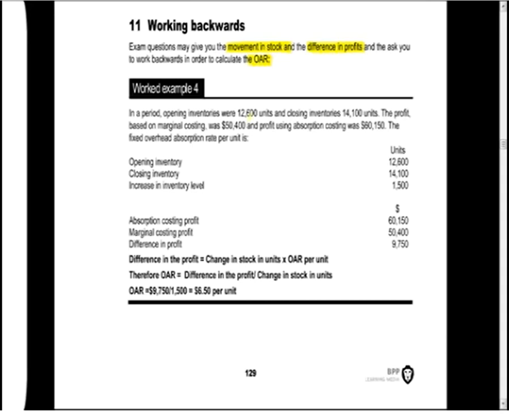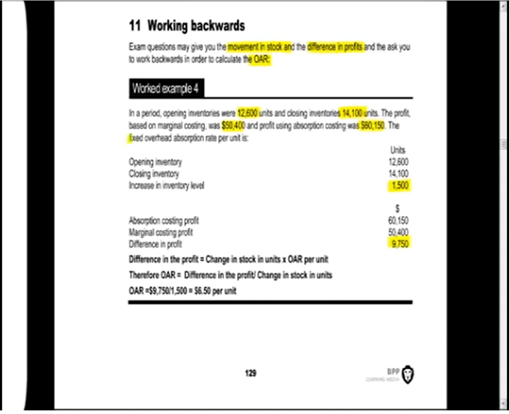This is the case in worked example 4, where we start off with opening inventory of 12,600 and end up with closing inventory of 14,100. So our inventory level has increased by 1,500. We're also given the profit under marginal costing and absorption costing, and the difference in profits is 9,750.